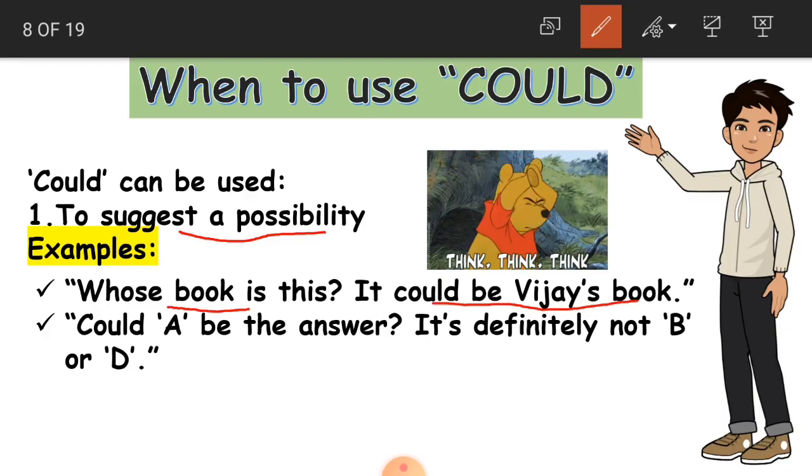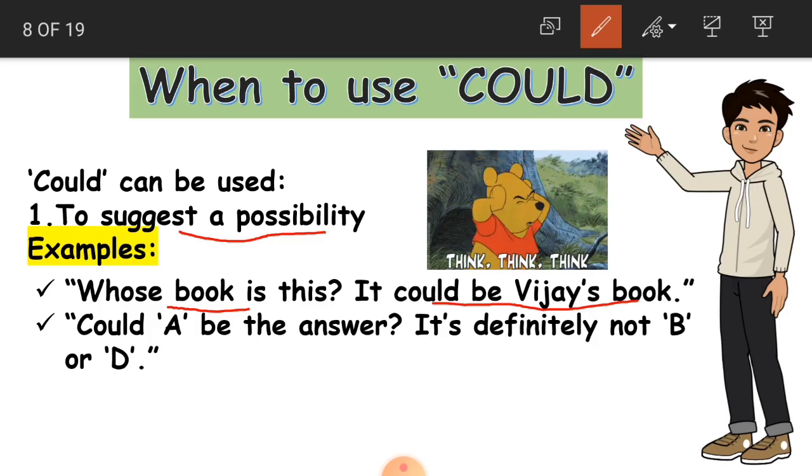If you have some books in front of you, you first ask whose book is this, and then you may guess that it could be Vijay's book. Again, for possibility you can also use might, but could is also used.